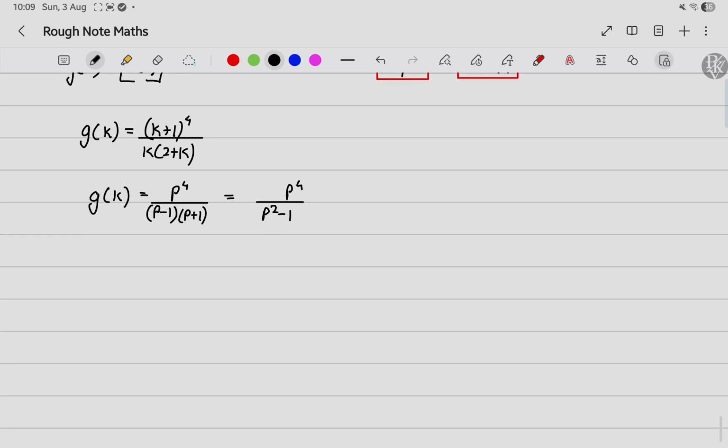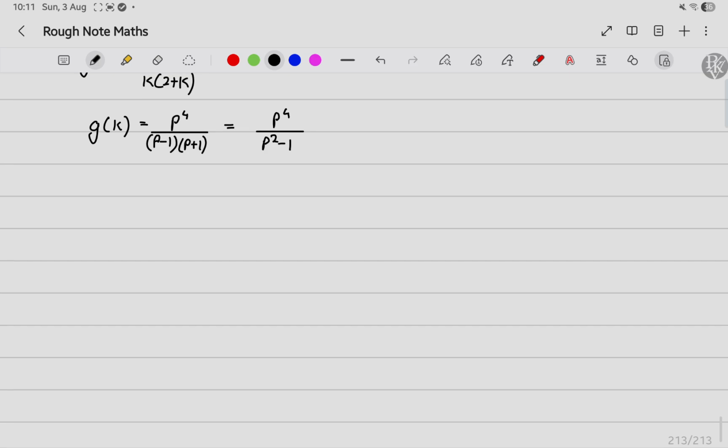Now we're going to apply the quotient rule and then we'll be finding the value of p. For this quotient rule, we have to find the derivative of p raised to 4, multiply it with p square minus 1, then subtract the derivative of p square minus 1 multiplied with p raised to 4, whole divided by p square minus 1 the whole square.